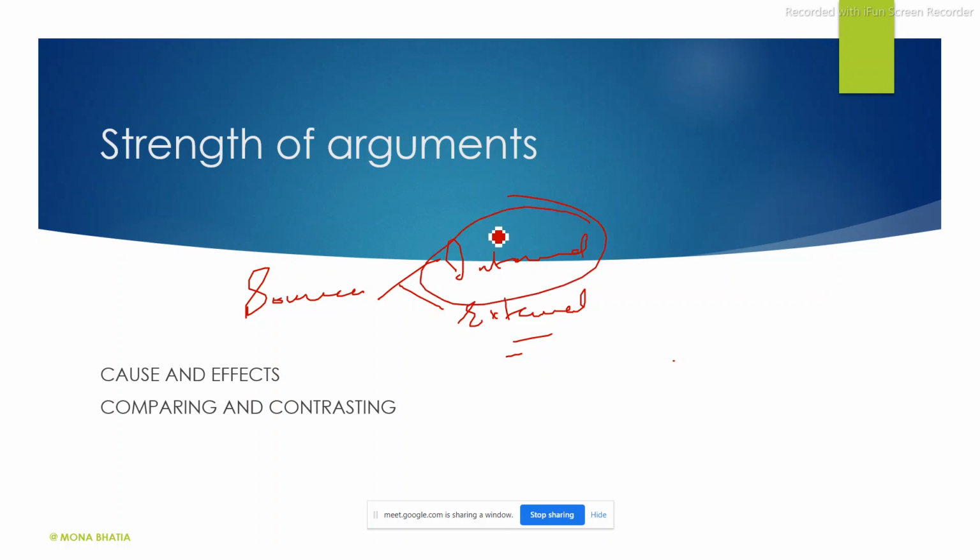So studying the nature of the thesis, okay, cause and effect, comparing and contrasting, all of them, they come in the internal में ही आ जाएंगे. ठीक है? Internal sources. अभी cause and effect क्या होता है? At times, arguments go wrong just because of false premises or faulty reasoning, or both.